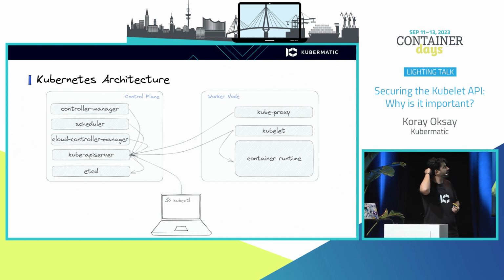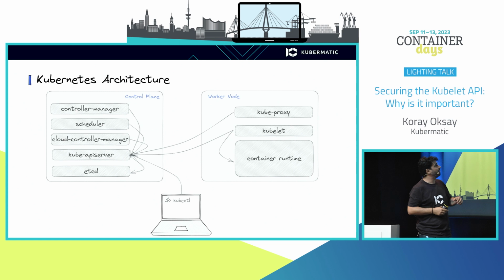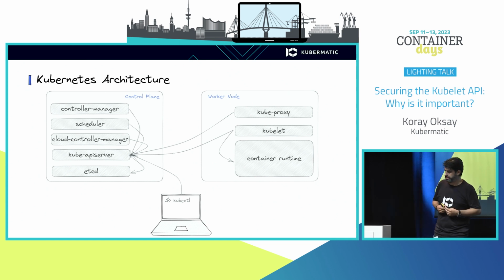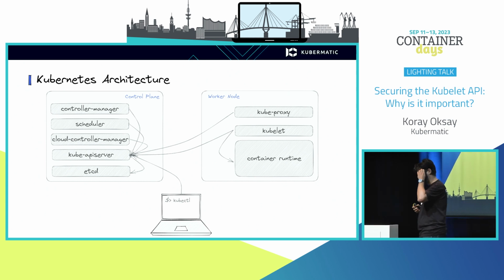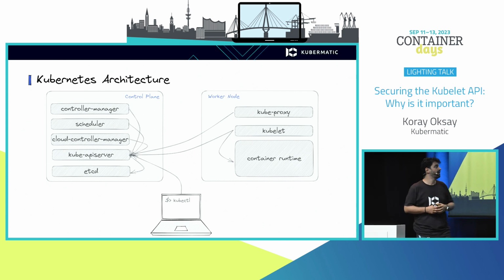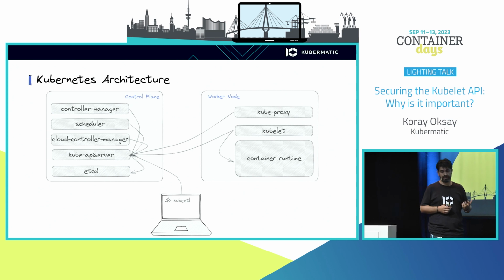Just a recap of the Kubernetes architecture: we have the control plane and the worker nodes. On the control plane side, we have the API server, scheduler, cloud control manager, and our database etcd. On the worker side, we have kube-proxy, kubelet, and our container runtime, and finally our pods and containers, all our workloads. etcd is our database, and the only component that can write to etcd is Kube API server.